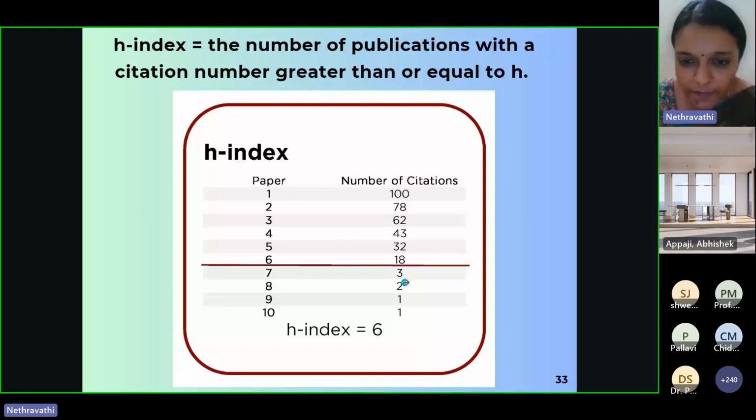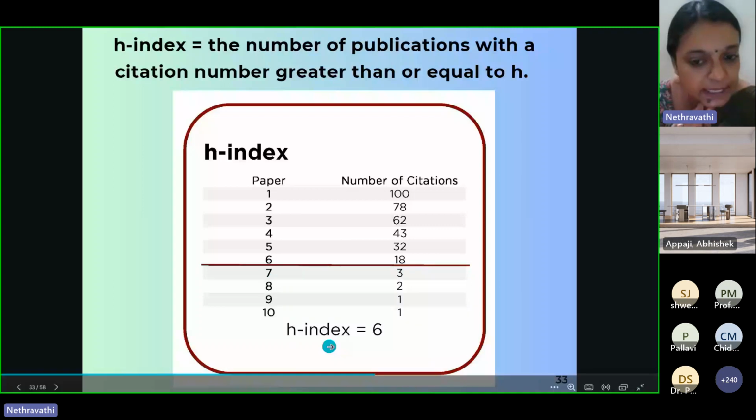To put it in crude language, the number of citations should be more than the index number. We are not considering the seventh paper because its number of citations is less than its index. We stop at the sixth paper because its number of citations is greater than its paper ID. Therefore we end up with an H index of 6.